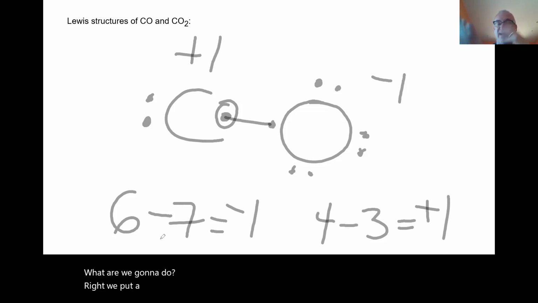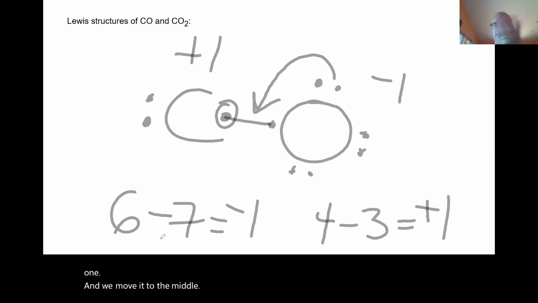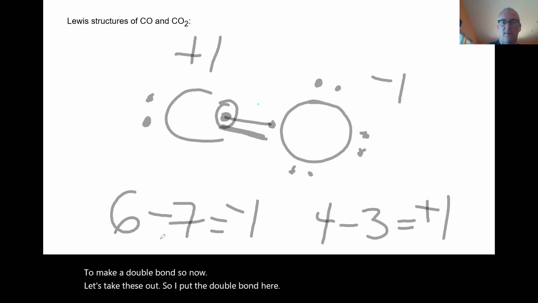So we take one of these lone pairs, it doesn't really matter which one, and we move it to the middle to make a double bond. So now, let's take these out. So we put the double bond here. Take away that.